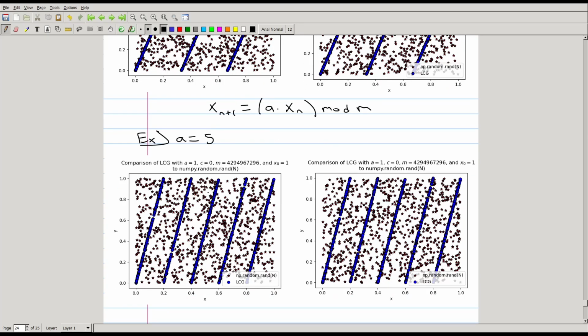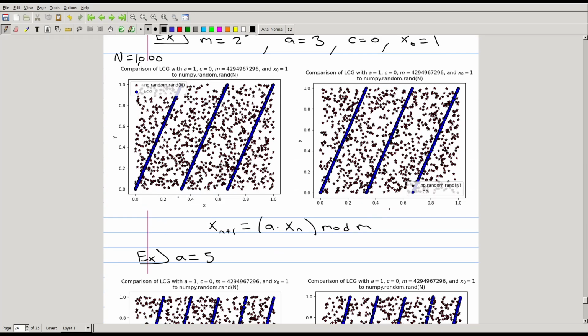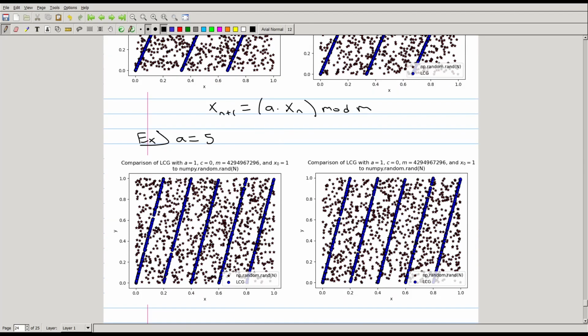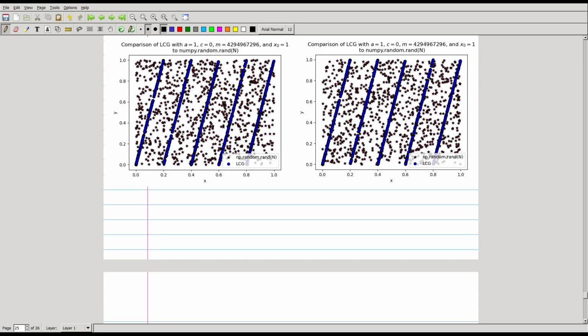Specifically, the slope of the lines in the xy plane becomes larger because, of course, we're increasing the a value. And the hope here is that if we can increase this a value to a large enough value that still is less than m, the distribution of these points will appear to be random, or actually be a good random number generator.